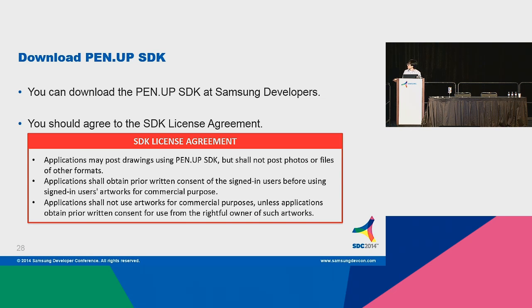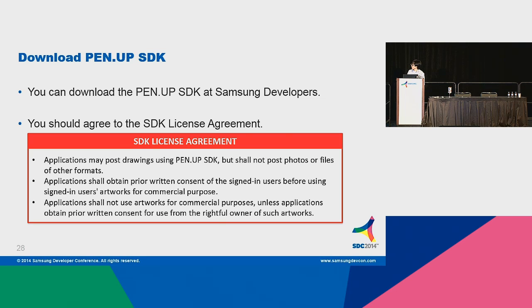First, applications may post drawings using the PEN.UP SDK, but shall not post photos or files of other formats. PEN.UP is a social network service for drawings, so it is not allowed to post photos. Second, applications shall obtain prior written consent of the signed-in users before using signed-in users' artworks for commercial purpose.